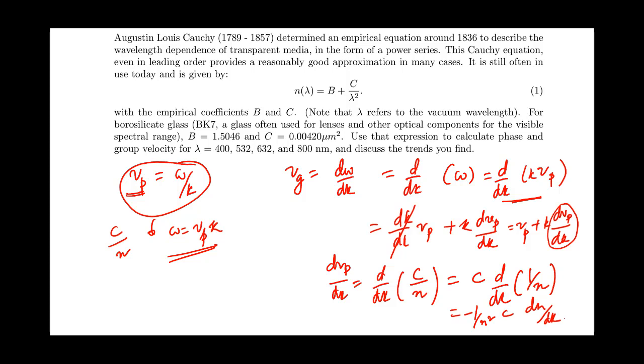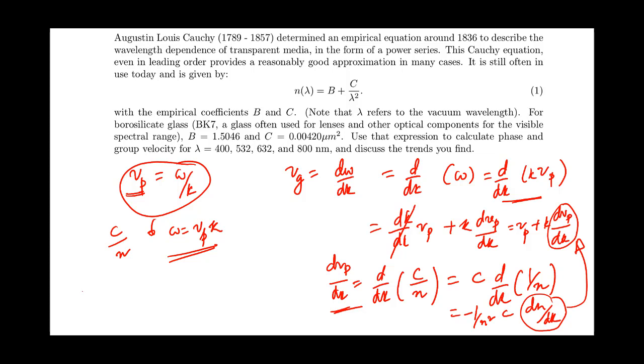When we looked at the origin of refractive index and even before, we have seen how refractive index is dependent on the wavelength, and wave vector is nothing but 2 pi by lambda. So dn by dk is not just 0, it does vary with the wavelength. So now I can substitute this expression back in here.